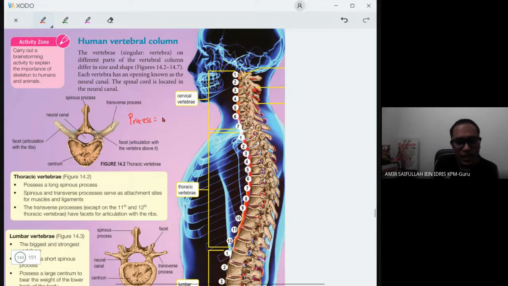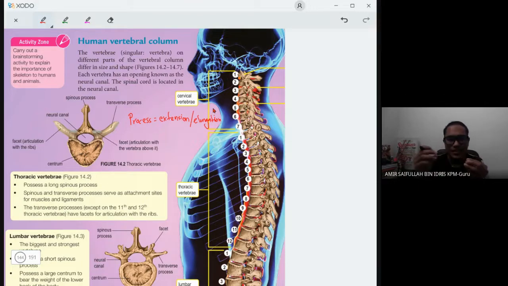Proses di sini ialah extension, elongation. Dia pemanjangan. So tulang tu dia jadi panjang sikit. Itu kita panggil proses. Jangan pening bila tengok proses apa ni. Proses di sini maksud extension. Spine extension. Tulang tu dia extend.